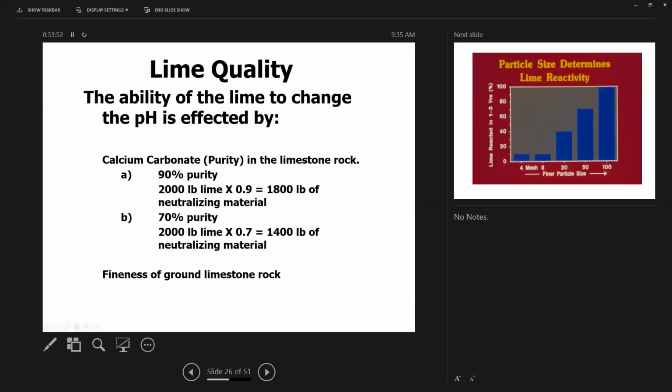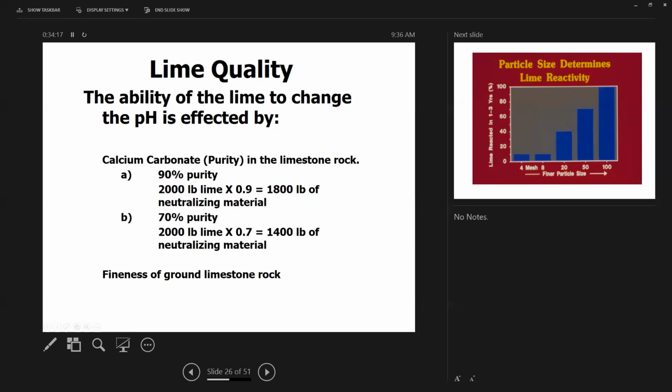If it's 90% pure, that means in a ton of lime, 2,000 pounds of lime, I have 1,800 pounds of neutralizing material. Or if I have something that's not quite as pure, with more impurities and less calcium carbonate, in that same ton of lime I now only have 1,400 pounds of neutralizing material.